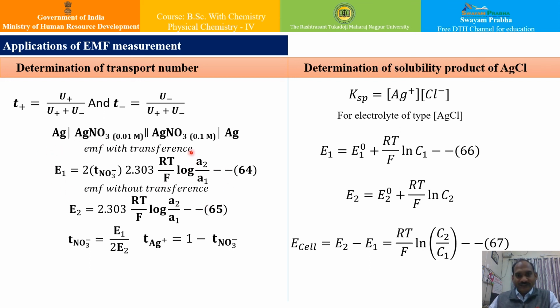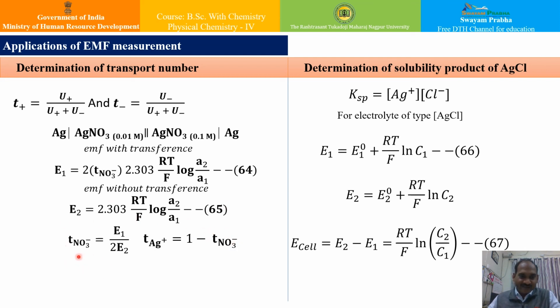This we have seen earlier. In addition, the EMF of the cell without transport, if I eliminate the liquid-liquid junction potential, can be given by this particular expression. On solving equations 64 and 65, we get these expressions.